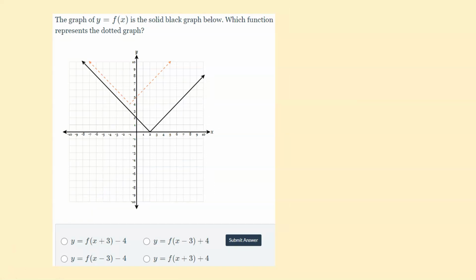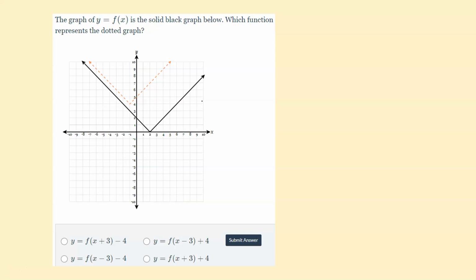So now let's look at this example. The difference between this one and the previous one is that f of x this time is not a parent function. It is some other absolute value function, but we're still calling it our original function here. So we've got to figure out the transformation from this function to the dotted function, not from the parent function.